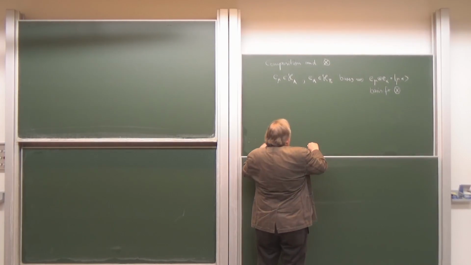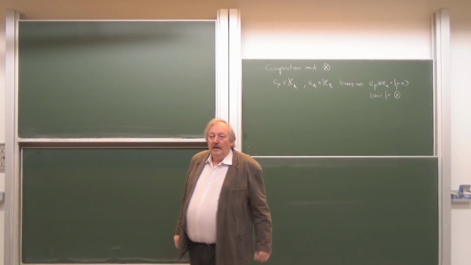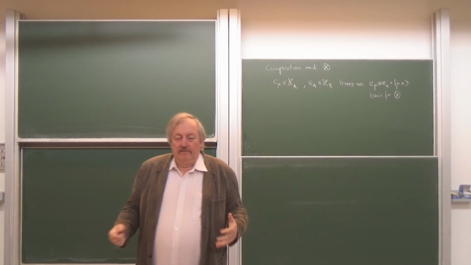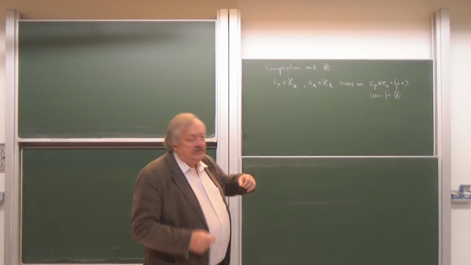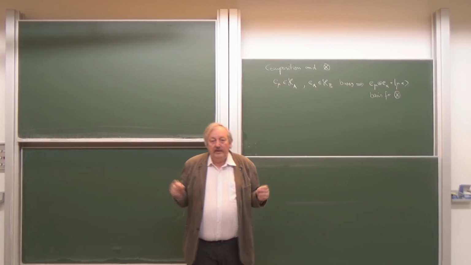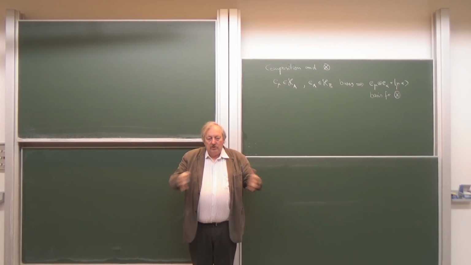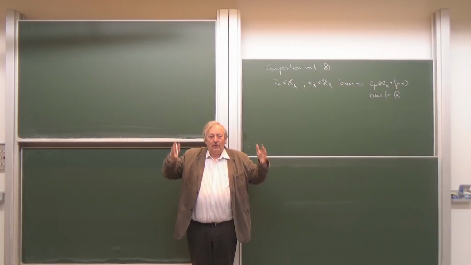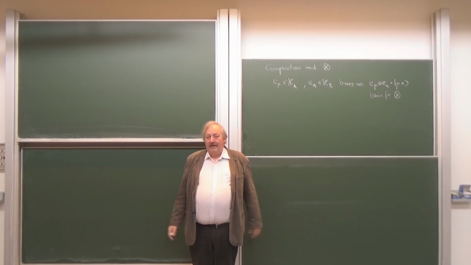So the labels for this product basis naturally form an array as well, right? So alpha runs over some range and mu runs over some range. Actually, there is no natural ordering of the basis vectors, so the natural ordering is in an array.